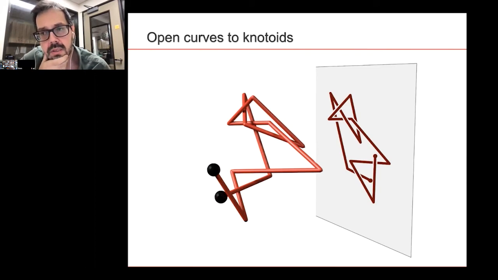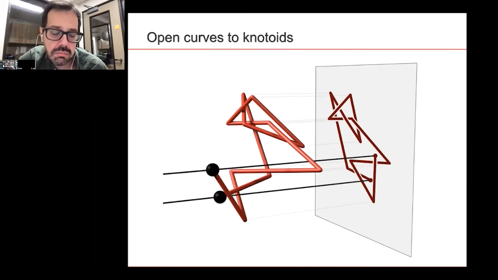What happens with the problem of the endpoints? Because now, if we do any ambient isotopy, if we deform the curve in space, the endpoints will be displaced, and we will lose what we measured here. The answer comes from Louis Kauffman, who said, why don't we put infinite lines that go through the endpoints of the curve to the plane of projection, and every deformation happens with respect to these two infinite lines.